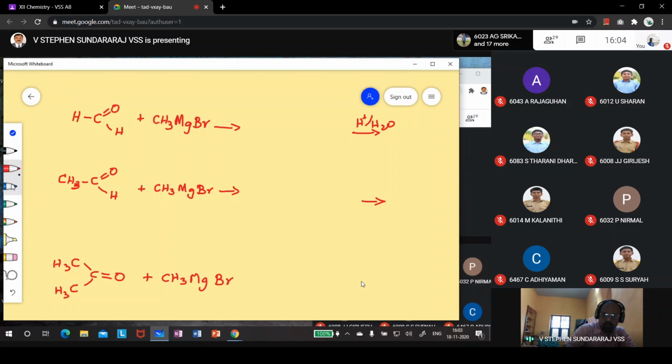Okay, this is the thing. I want to conclude. This is formaldehyde. This is acetaldehyde, but not only acetaldehyde, this is any aldehyde other than formaldehyde. And this is any ketone.